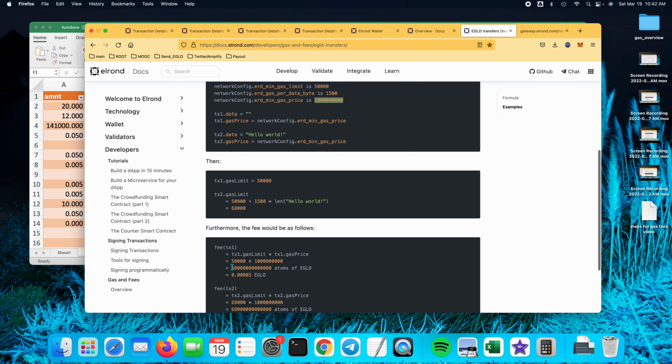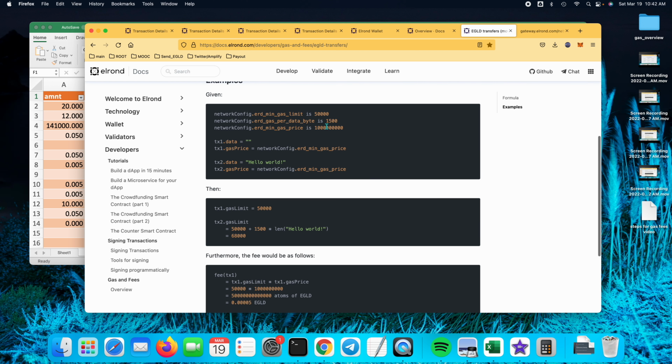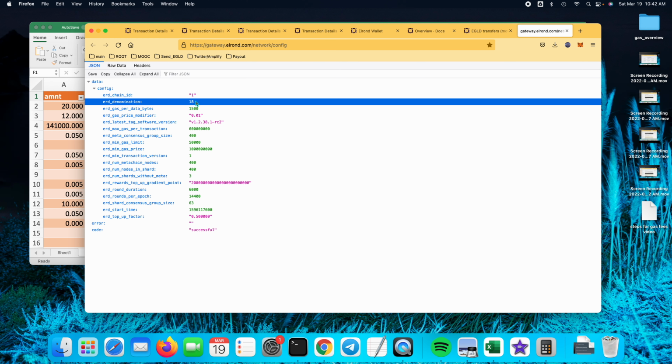So what is that number? Well, down at this line, we see that it says atoms of EGLD. So this number here is atoms of EGLD. Back to this number, it takes 1 times 10 to the 18th atoms to make up 1 EGLD.